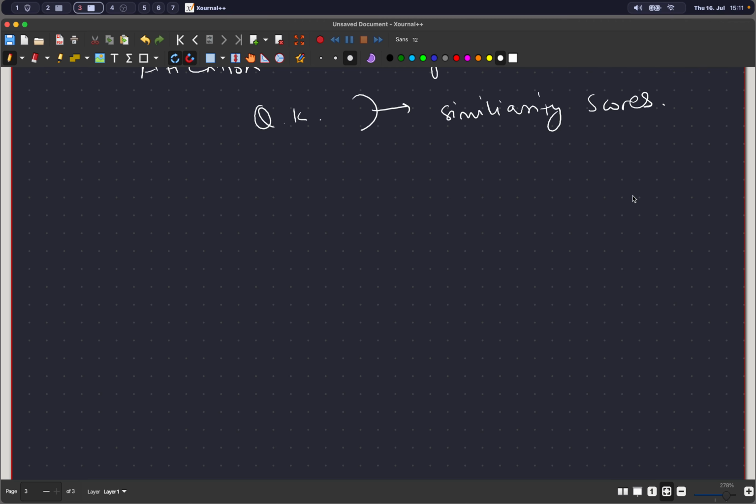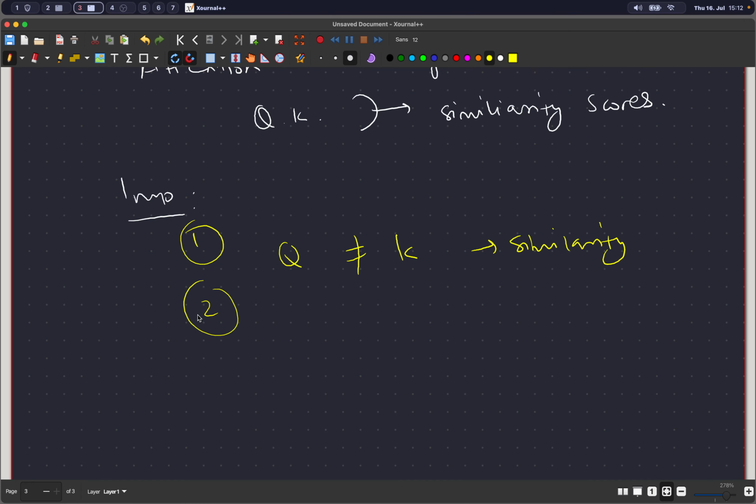So it is important. Let me write it down so that we will have a reference to it. First thing is our query does not match with any key. We are just calculating similarity.